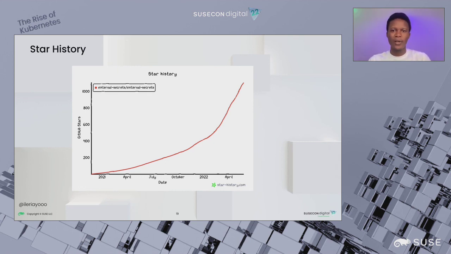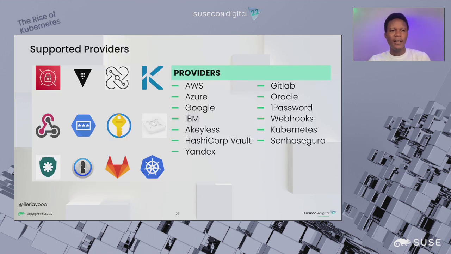Some colleagues of mine were at KubeCon, CloudNativeCon, and they met with people that came to just thank them for working on this project. So it's a really, really good project. And these are our supported providers: AWS, Azure, Google, IBM, HashiCorp Vault, GitLab, and of course the Kubernetes provider.